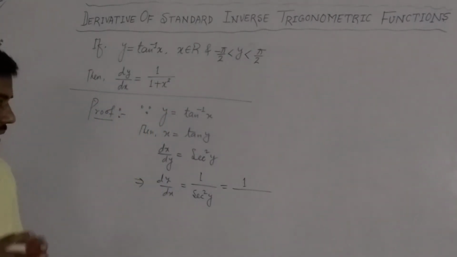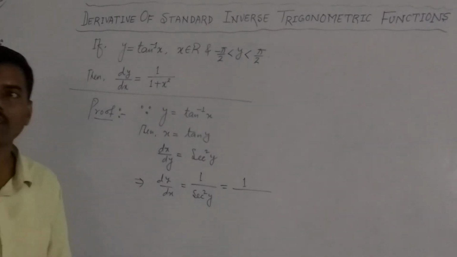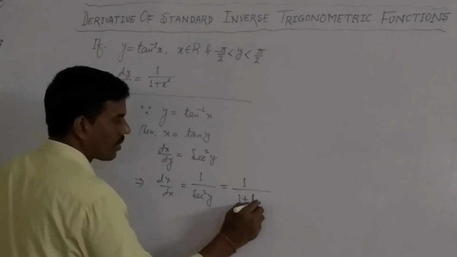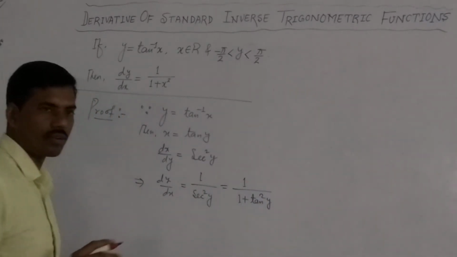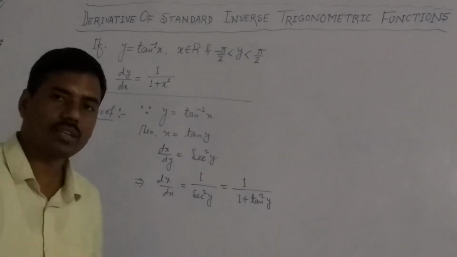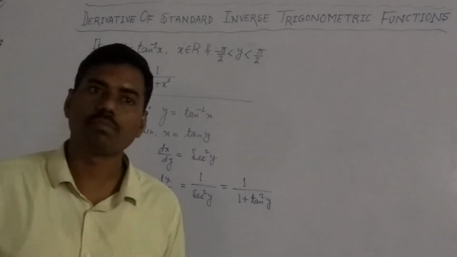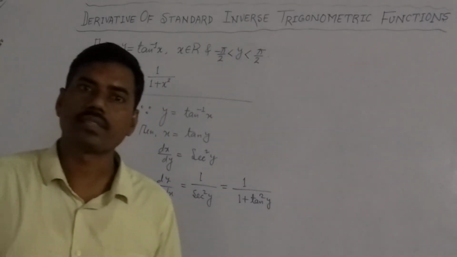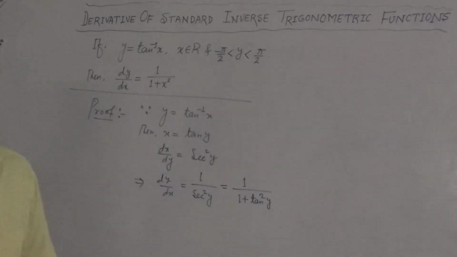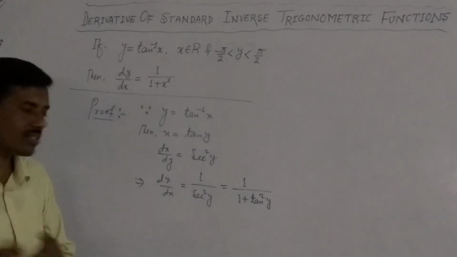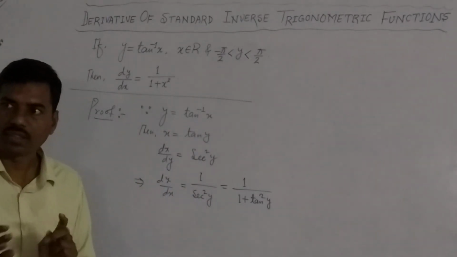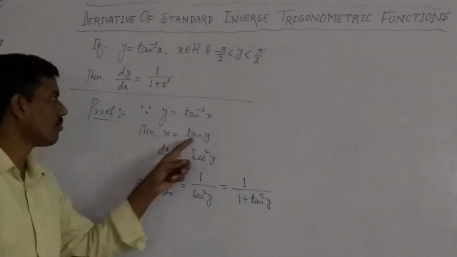The relationship of sec y with tan y is given as 1 plus tan square of y. Understood? We have to convert sec y into tan y, because we have to find the result in the form of x, and since there is no relationship of sec y with x, the relationship of x is with tan y.